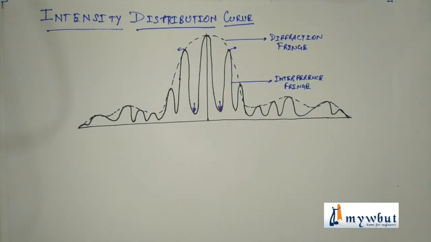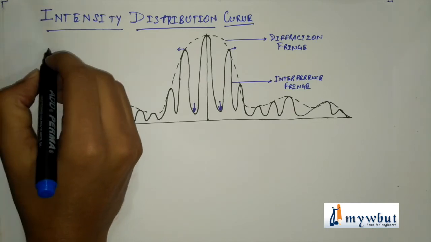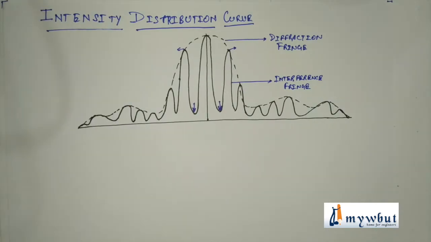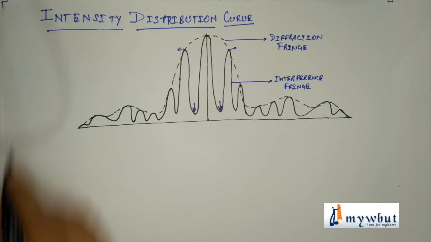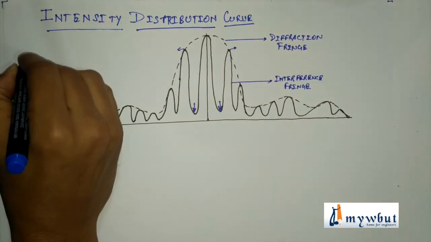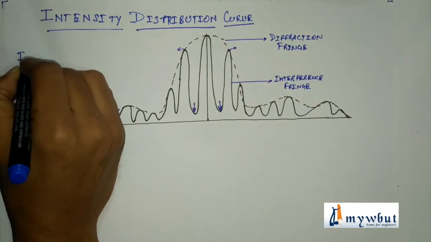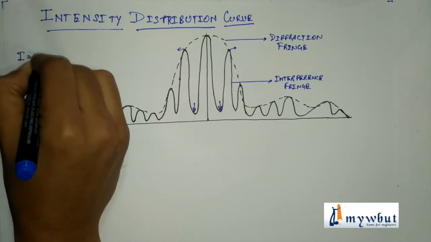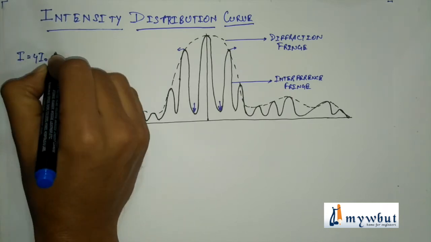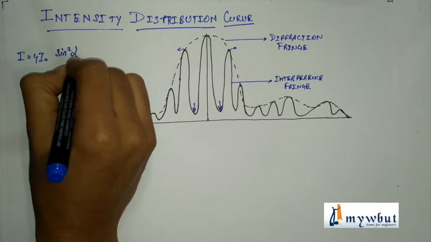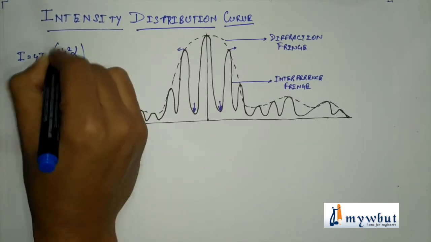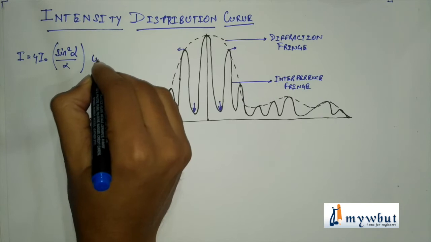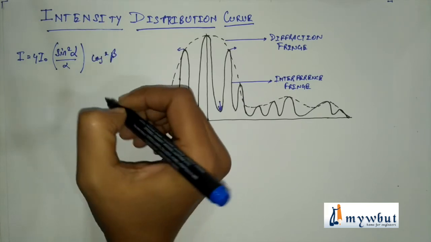So here, the first factor in the formula that we have previously derived. Previously we have seen that the intensity distribution, that is I equal to 4I naught into sine square alpha by alpha square into cos square beta.